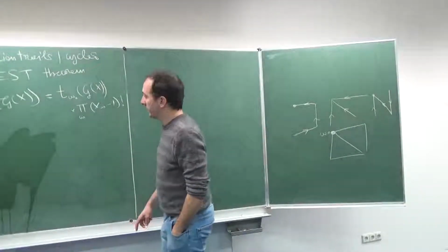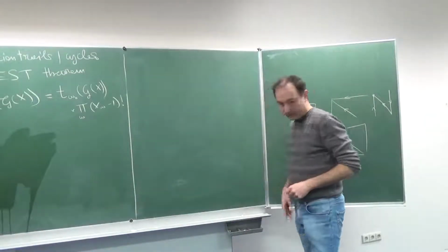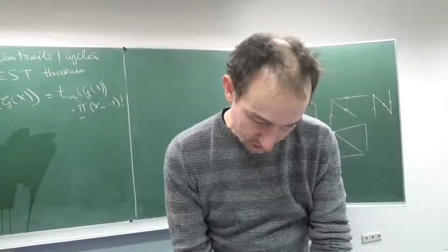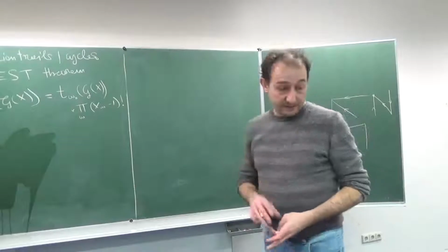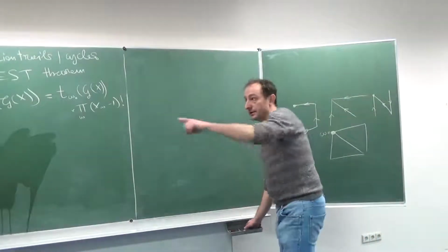And how do we prove this result? I won't prove it in the general case. I will give you references for it, but let's just give an idea of why it works. So let's go back to this example here.